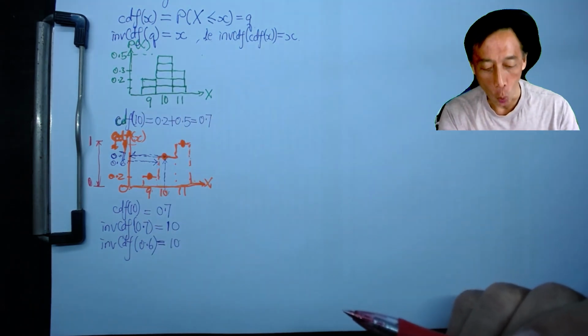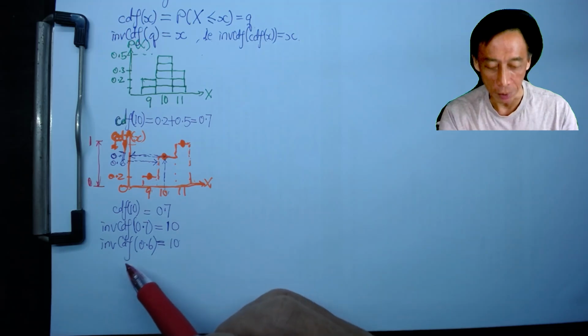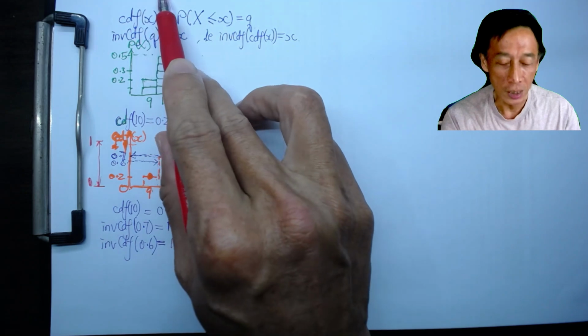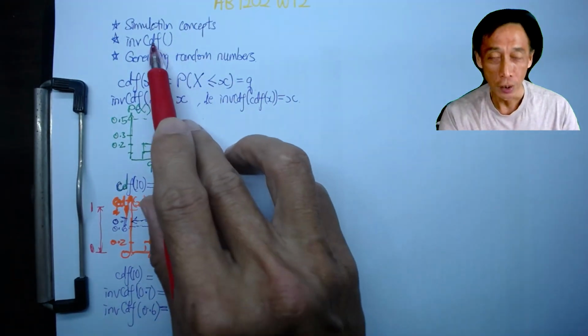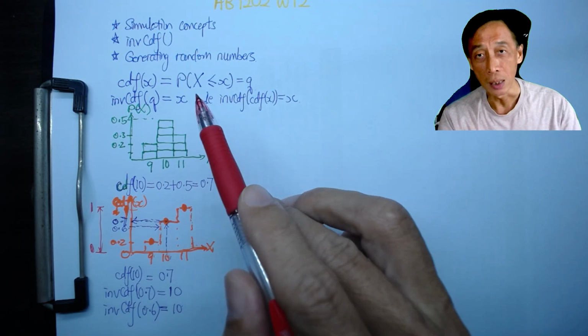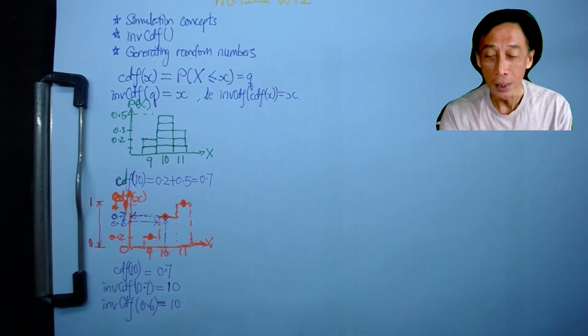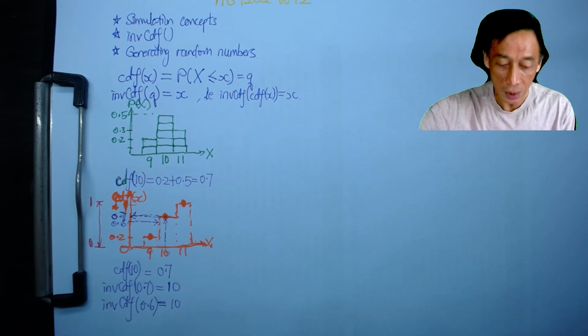Okay, so that's the whole idea of simulation. Generating random numbers through the use of inverse CDF in order to achieve the goals required at the start of our simulation, which is to understand the macro behavior. Okay, so that's for the discrete distribution.